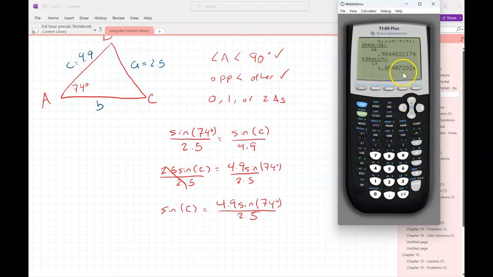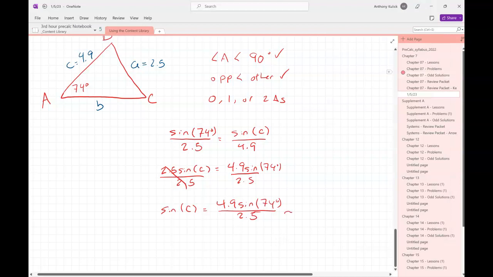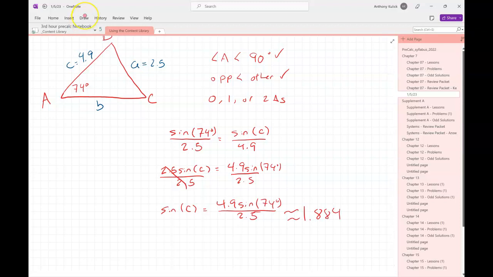We get 1.884-ish. Now, because this is greater than 1, what can we say? No triangles.